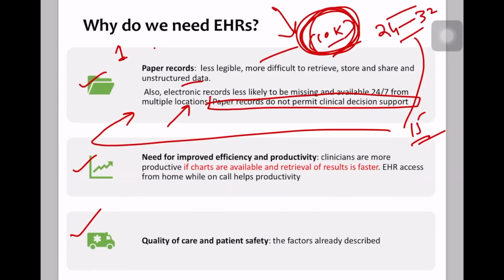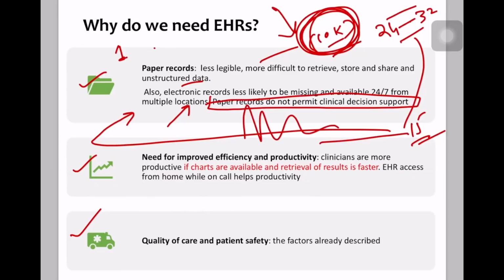And when you go toward predictions and electronic clinical decision support systems, that would not be possible, like building bar graphs and charts, if you have stored information on paper.